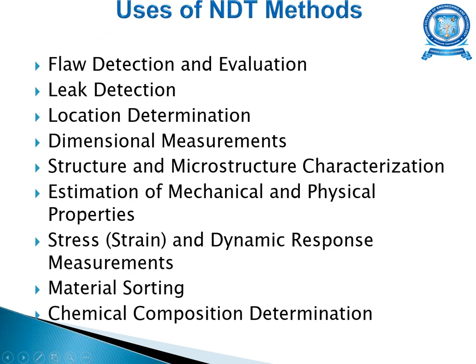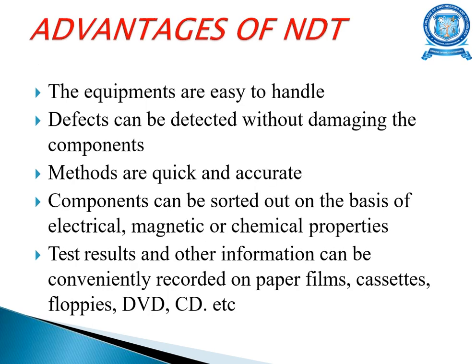And these are all the uses of non-destructive testing methods: flaw detection and evaluation, leak detection, determination of the location of defects, dimensional measurements, structure and microstructure characterization, estimation of mechanical and physical properties, stress, strain and dynamic response measurements, material sorting, and chemical composition determination.